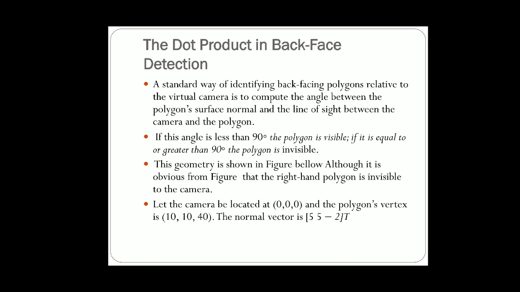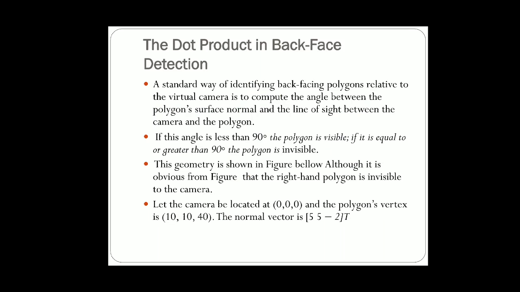When we want to check for the polygons which are behind the screen, we need to compute two different values: the polygon's back surface which it occupies on the screen, and the line of sight, that is the actual line calculated from the camera to the polygon. If this angle is less than 90 degrees, the polygon is visible.